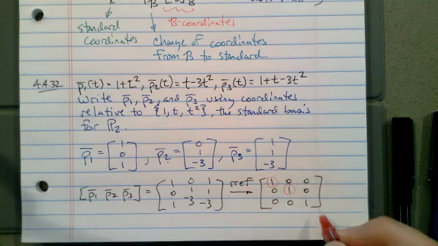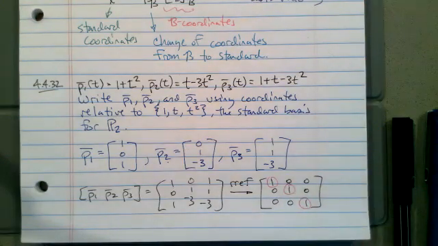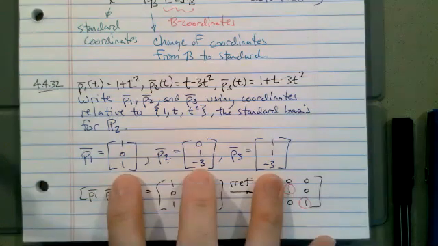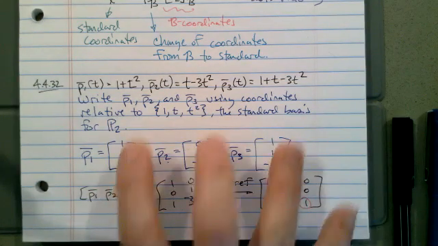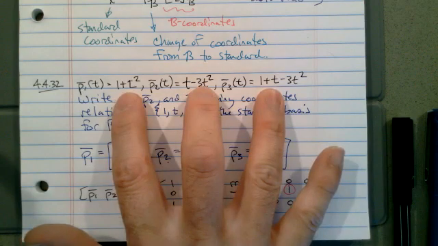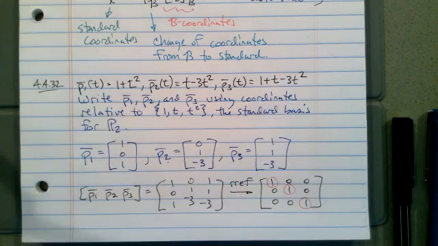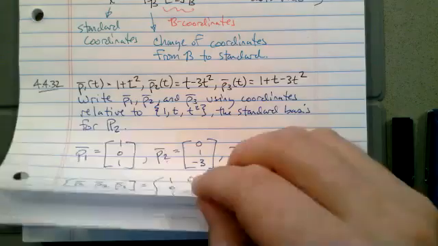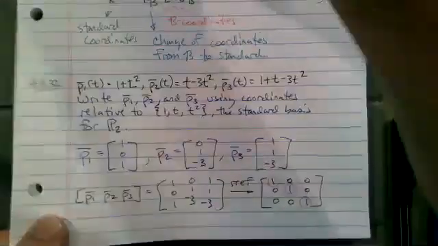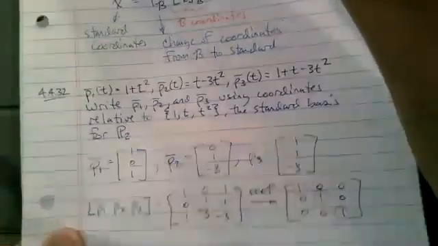Since the matrix P1, P2, P3 has a pivot in each column and a pivot in each row, these three vectors span R3. So that tells us that these three polynomials span P2. So let's write that down to make sure we get all the words in the right places.